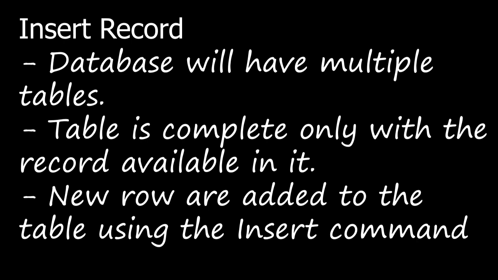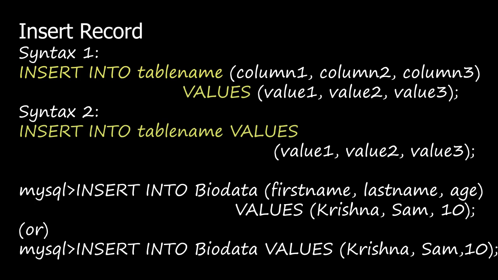Okay, for that the syntax is insert into, and you have to give the table name. Insert into and the table name. In the bracket we have to give what columns are there. If you are having one column as name, the next column as age, and the next column as profession, that means we have to give insert into table, and then in the bracket we have to give the column names: name, age, and then profession.